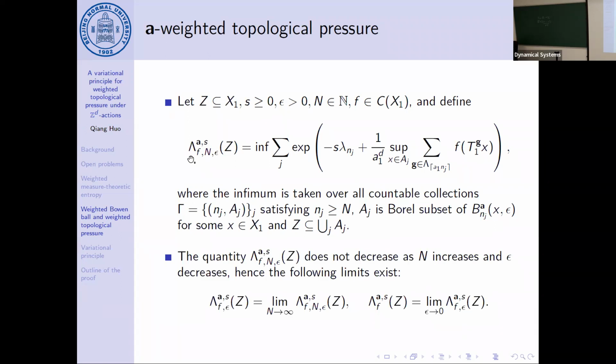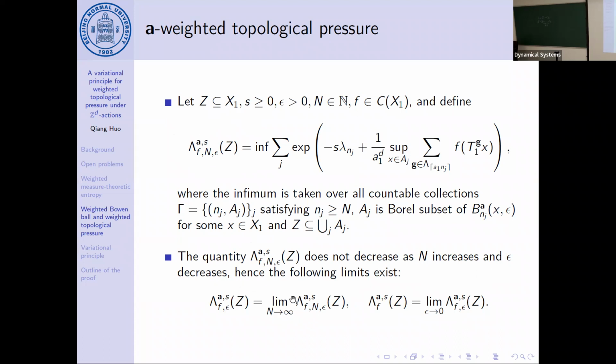And this s-dimension measure of Z doesn't decrease as N increases and epsilon decreases.